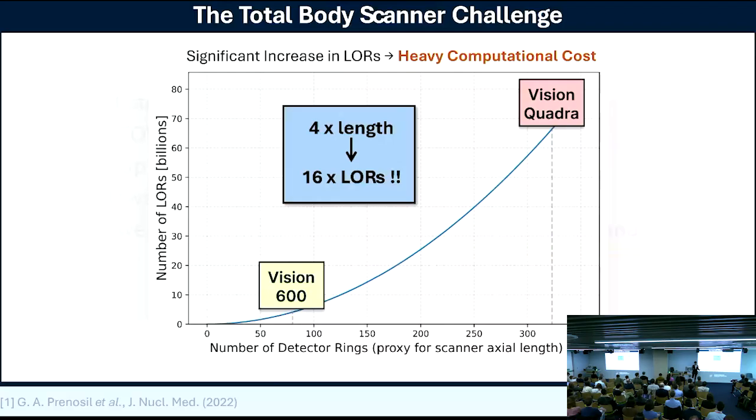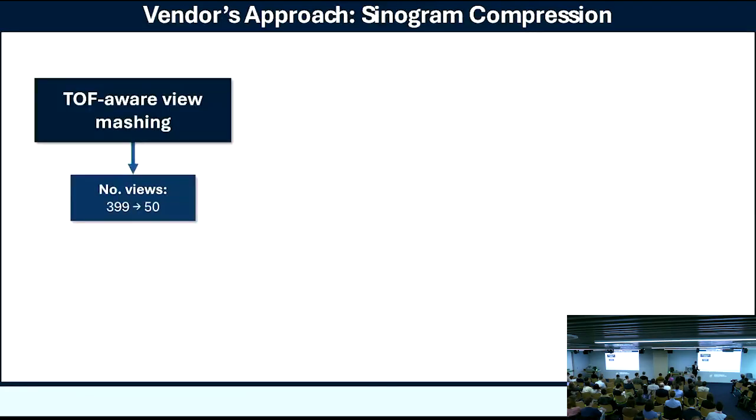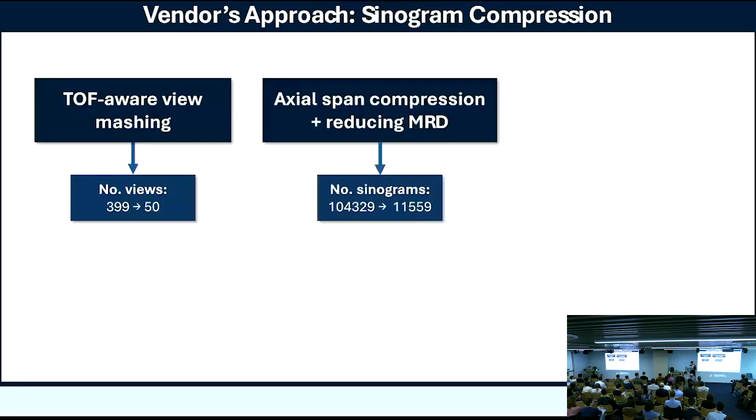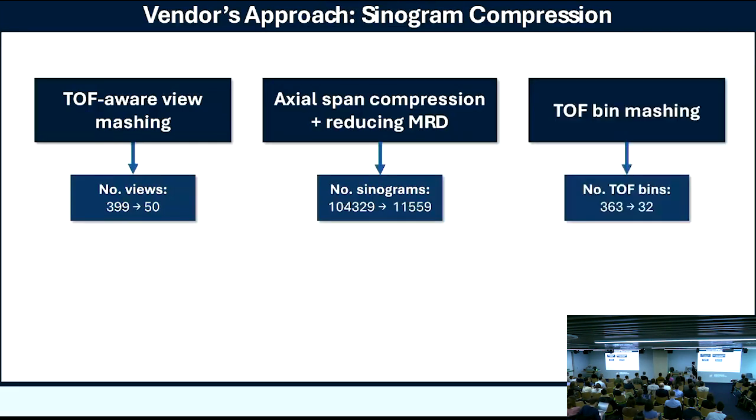So how can we deal with this extra computational cost? Well, the vendors use sinogram compression, where we use time-of-flight-aware view meshing to reduce the azimuthal view angles that we're dealing with, as well as reducing or including axial span compression, and also reducing the maximum ring difference in certain situations as well.